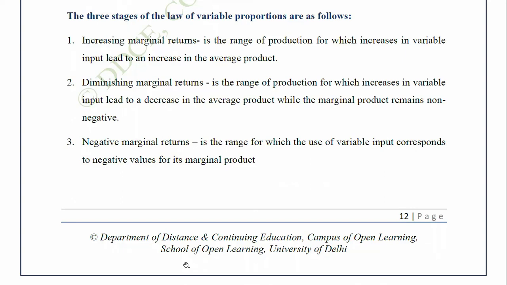Second, diminishing marginal returns, is the range of production for which increases in variable input lead to a decrease in the average product while the marginal product remains non-negative. Third, negative marginal returns, is the range for which the use of variable input corresponds to negative values for its marginal product.